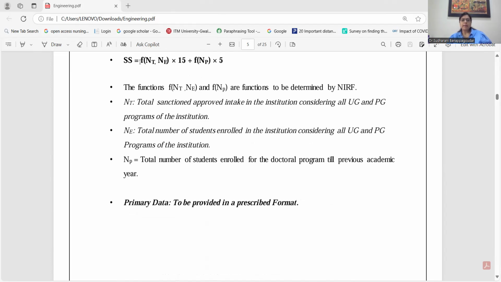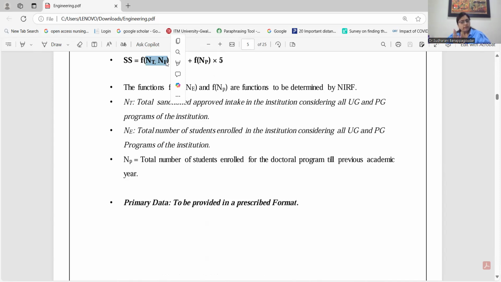I mean to say, if all eligible are enrolled, that is, however many sanctioned intake there are, that many students have been enrolled, that is NT equals NE, then that is 1. Any ratio greater than 1 will be normalized to 1.